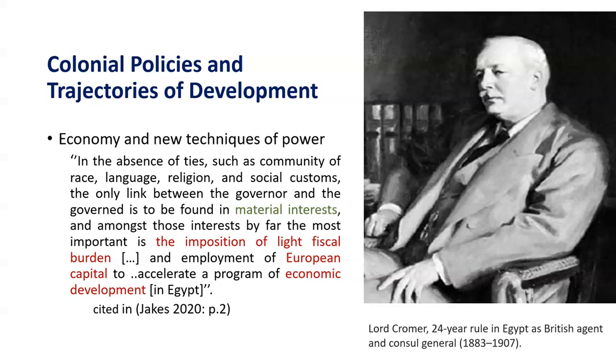Because of excessive borrowing from the European powers, they had to intervene in order to monitor the debt. Egypt became heavily indebted, so that's why they became interested in the allocation of the resources and exercised power over the allocation of financial resources in order to make sure of the debt service payment.